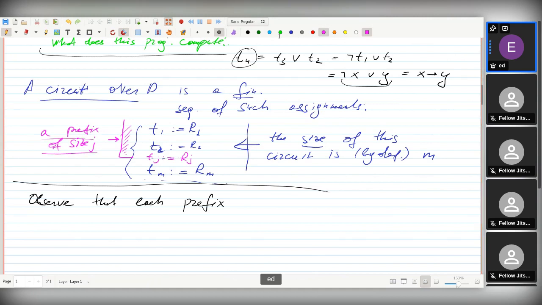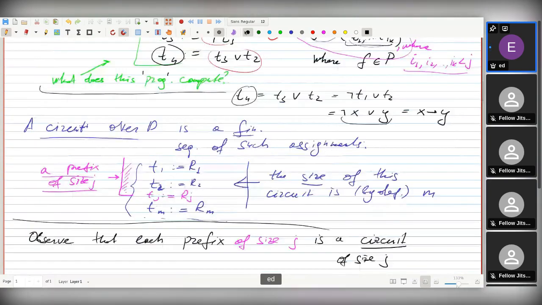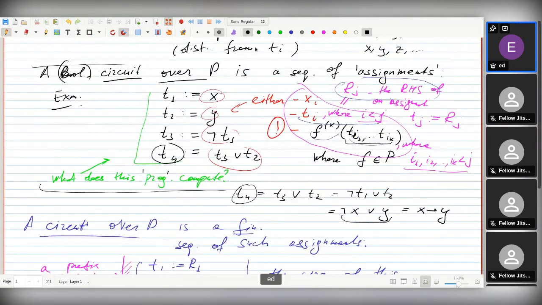So observe that each prefix of size j is indeed a circuit itself. So if we restrict ourselves to some prefix, we will obtain just a circuit. For example, here we may take this prefix and this one and this one.